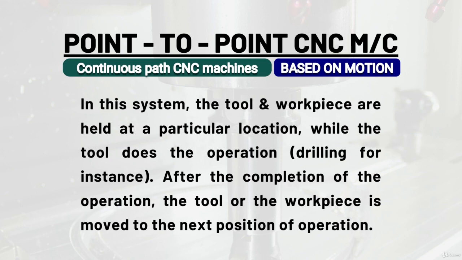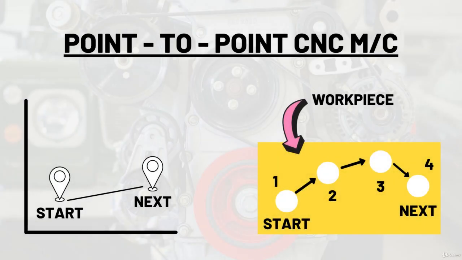unlike traditional machining methods. The dimensional information to be given to the machine are a series of positions of the slides of the tool or workpiece. So basically, a starting point and the next point is required for the process.